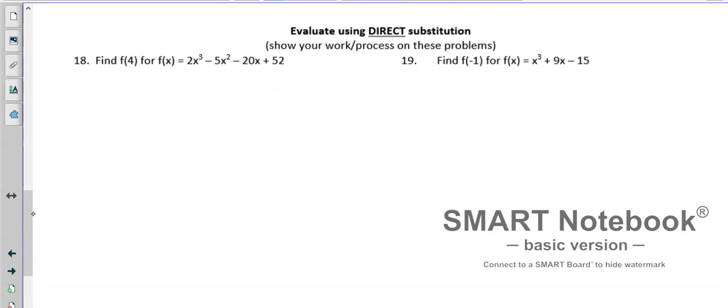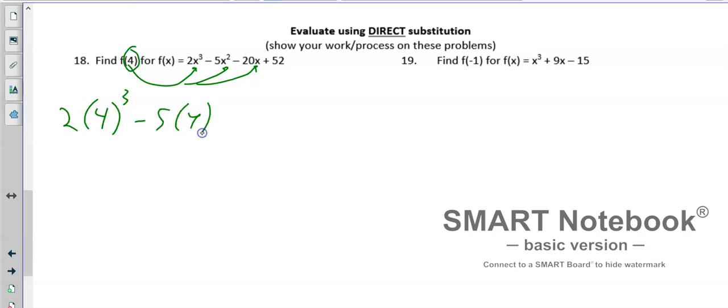All right, direct substitution. That literally means take this 4 and plug it in here, here, and here. Okay? The long way of doing that is 2 times 4 cubed minus 5 times 4 squared minus 20 times 4 plus 52.